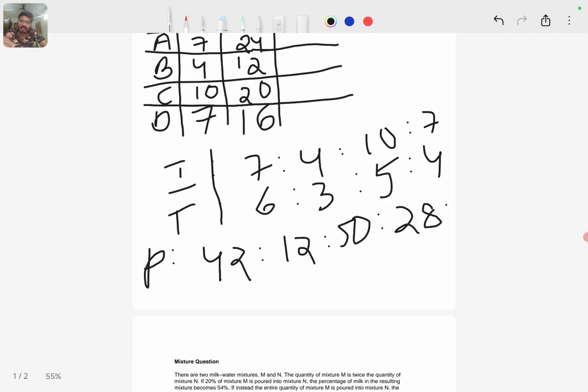Two different ratios means two different variables. If one ratio is telling about x, another ratio is telling about y.